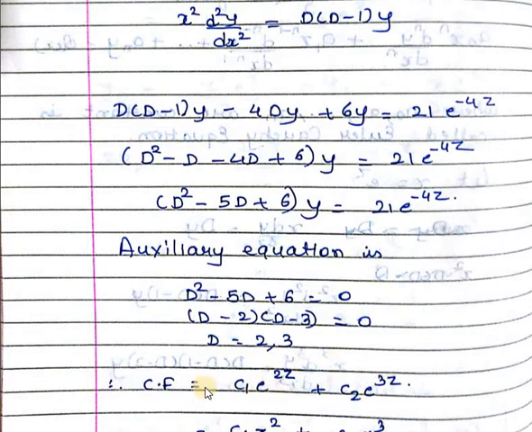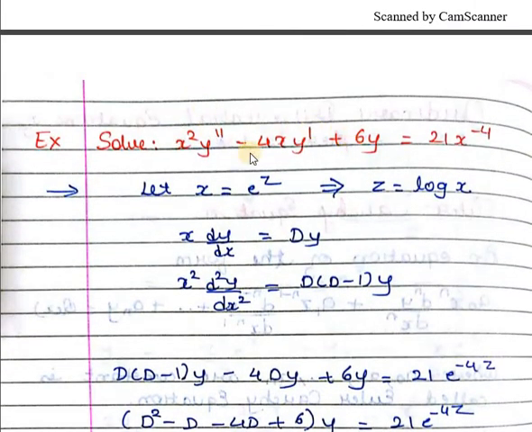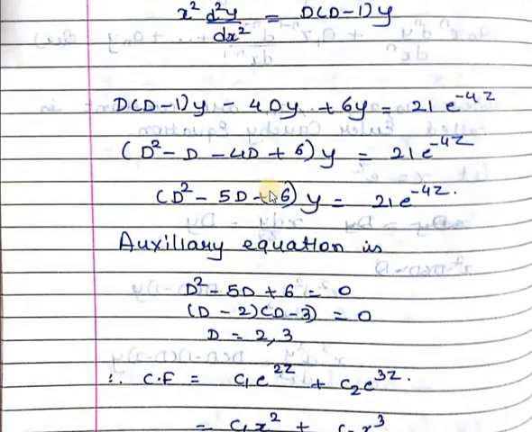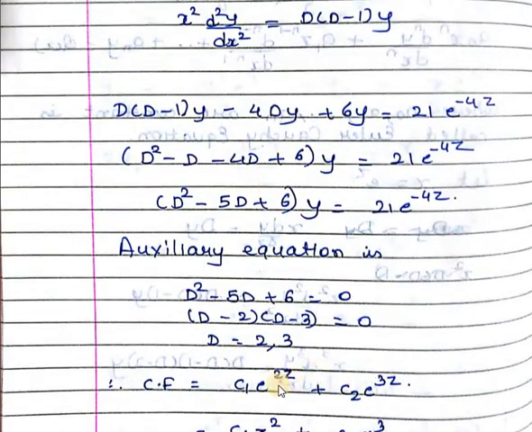Remember, here you have to write down CF in the form of z, because this equation is converted into the form of z by supposing x is equal to e raised to z. Therefore, here we have to write down CF in the form of z. So it will be C1 e raised to 2z plus C2 e raised to 3z. Here the first root is 2, so it will be e raised to 2z, and the second root is 3, so here it will be e raised to 3z.